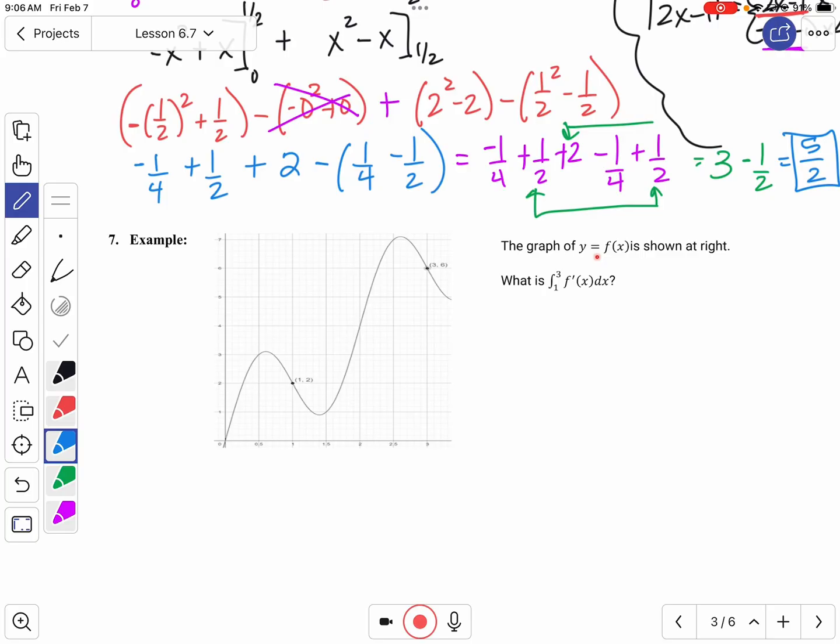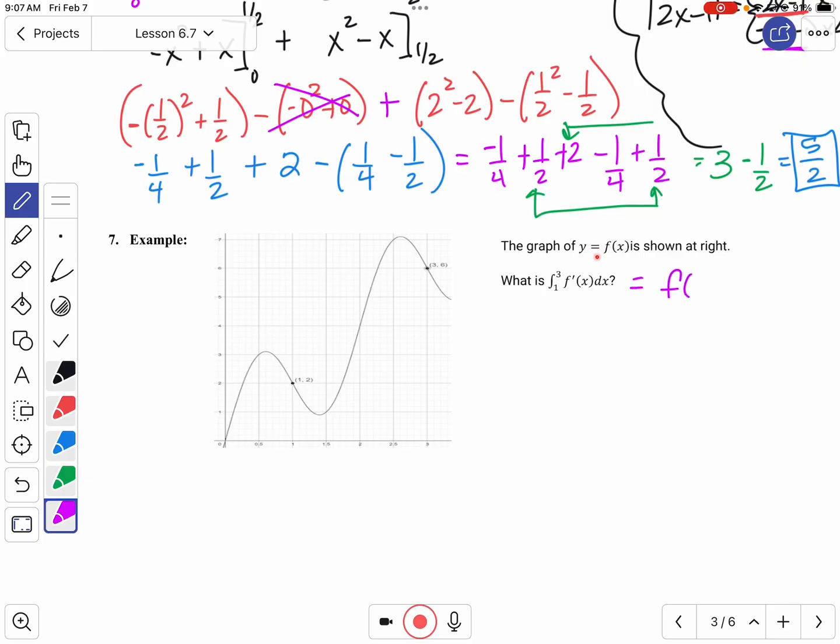All right. So here we go. So the graph of y equals f of x is shown at the right or the left. What is the integral from 1 to 3 of f prime of x dx? Now, think about what that integral means. Okay? And how could we answer that? What would be the antiderivative of f prime?